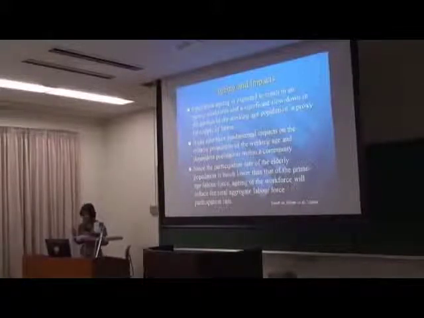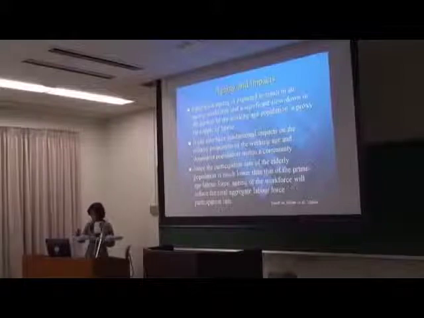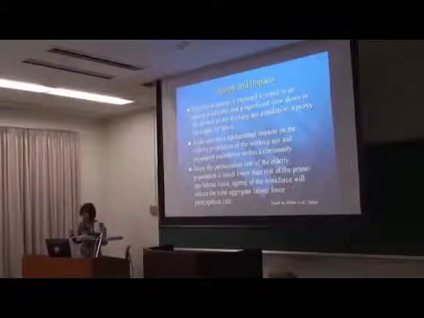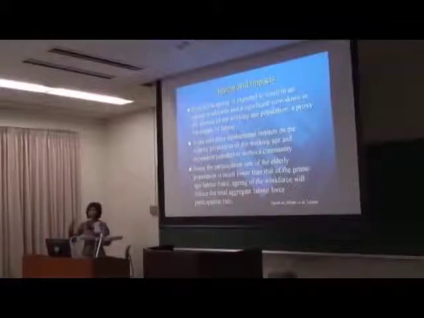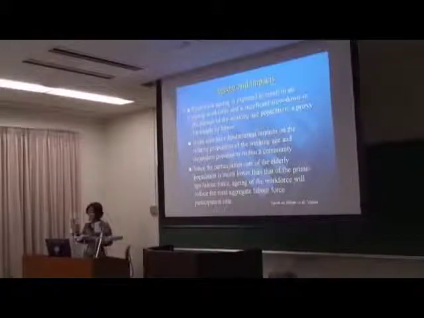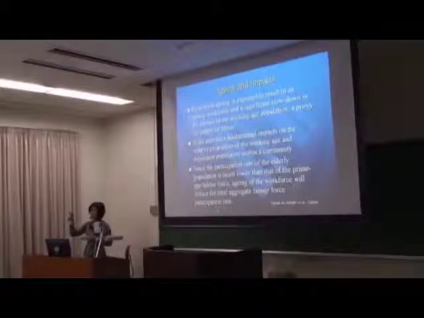Since the participation rate of the elderly population is much lower than those in the prime age labor force. Prime age means about 15 to 20s or 30 something. Their participation rate in the labor force is much lower than those in the prime age.